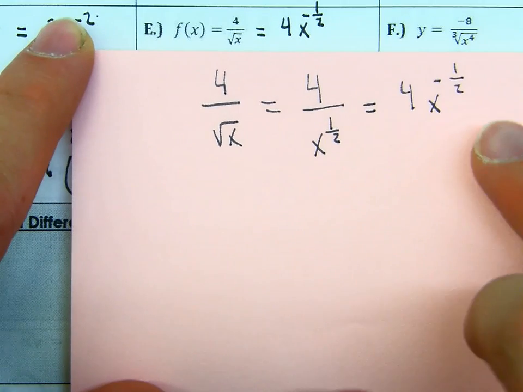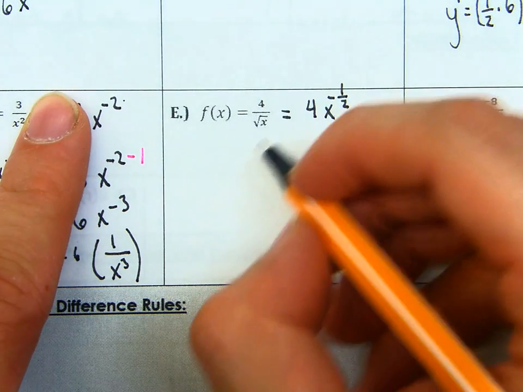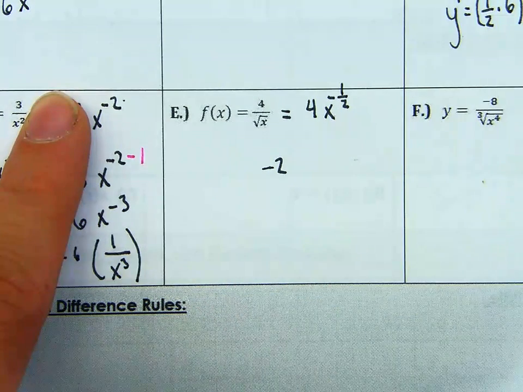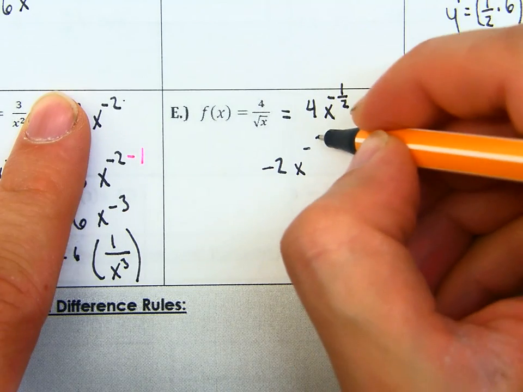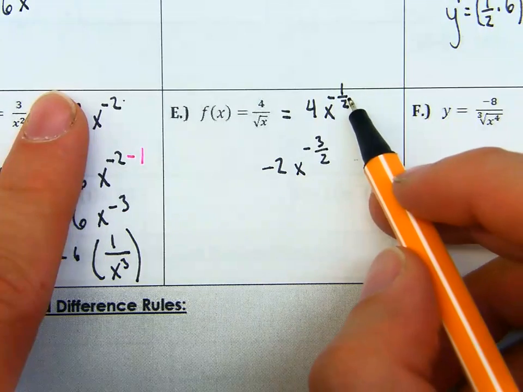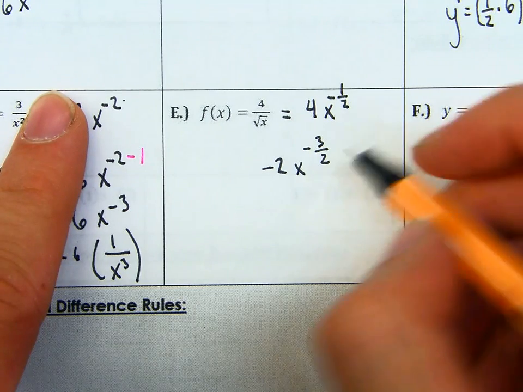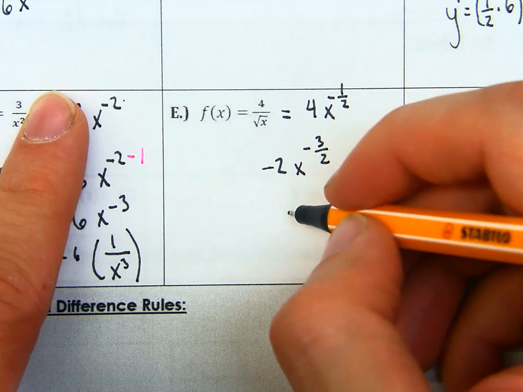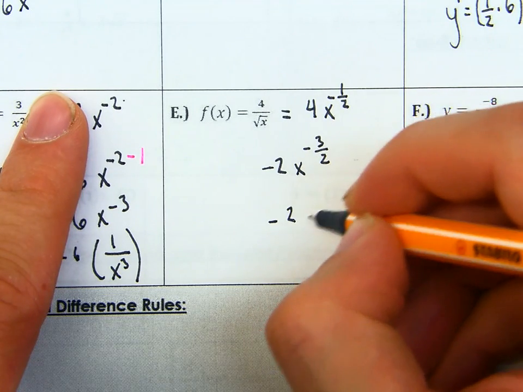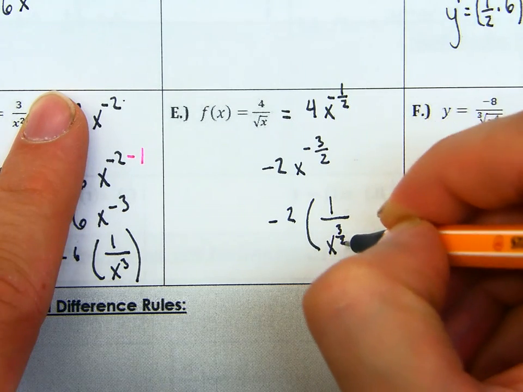Now we can take the derivative of this, because then this becomes negative 2 x to the negative 3 over 2, because you're subtracting a 1 here. How do you convert this back to a rational expression? You just have negative 2 times 1 over x to the 3 over 2.